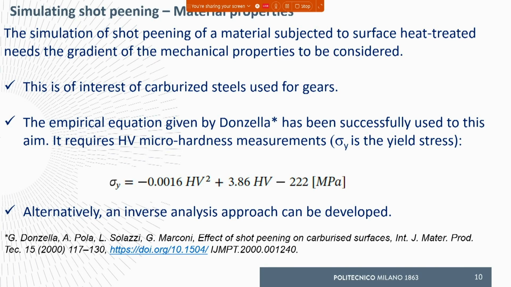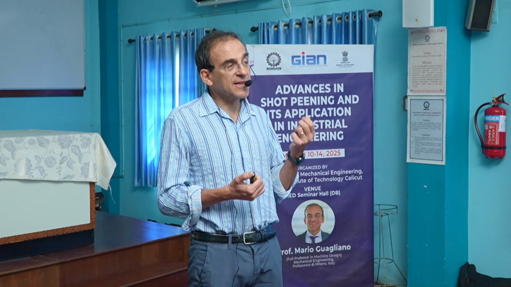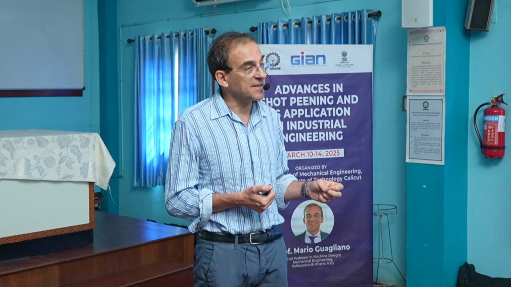Okay. Now let's go to the gradient of the material. When is this important? Indeed, this could be important in many cases. From a practical point of view, it is important especially for carburized steels. Why?